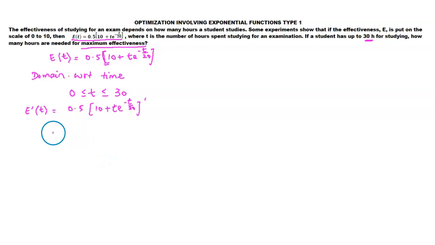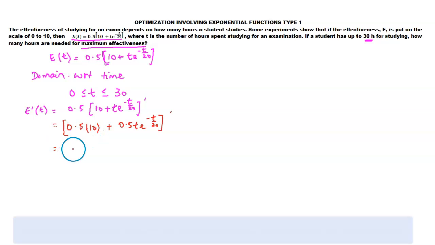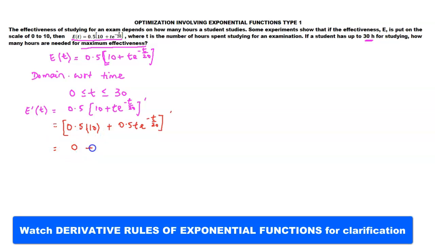Now this is an exponential function equation. We all know how to find the derivatives of an exponential function, and the derivative is going to be, this 0.5 as is. If you want to multiply, you can, it's up to you. So I do 0.5 times 10 plus 0.5 times t e to the power negative t over 20. And we have to find the derivative of this entire thing. The derivative of the first part is going to be 0 because it's a constant.